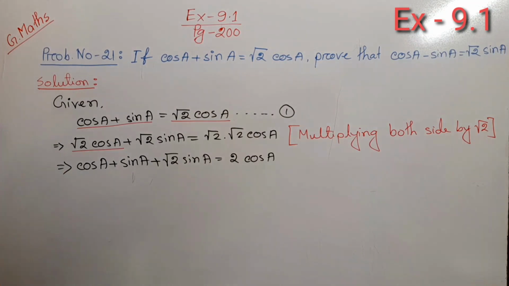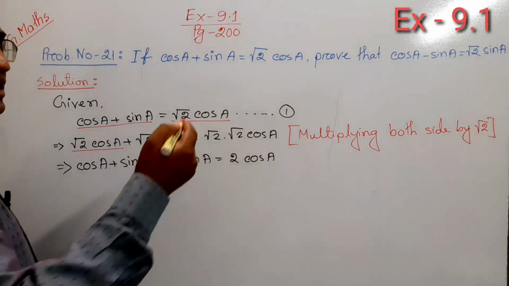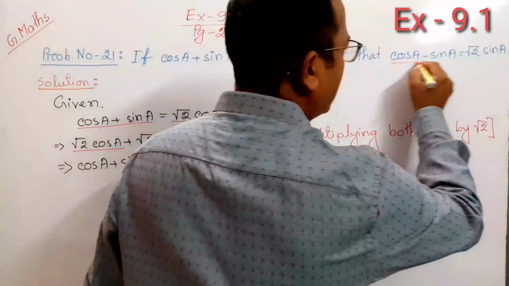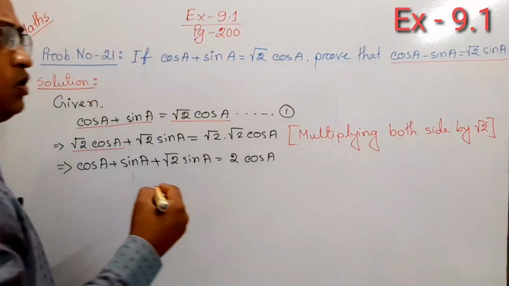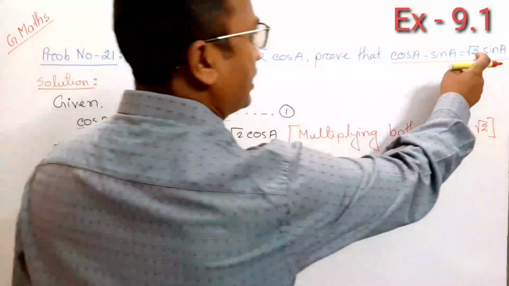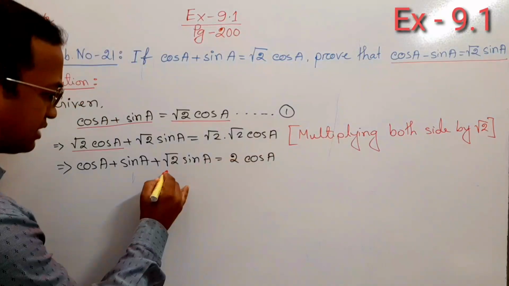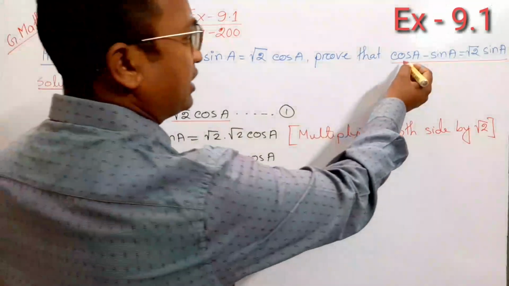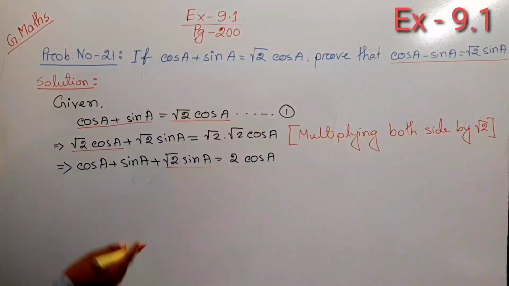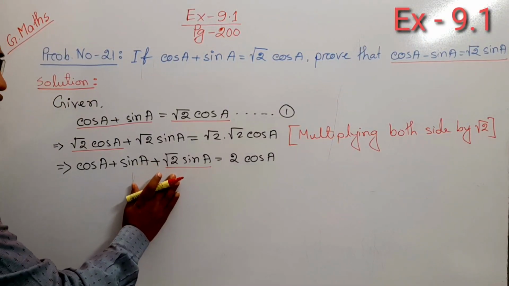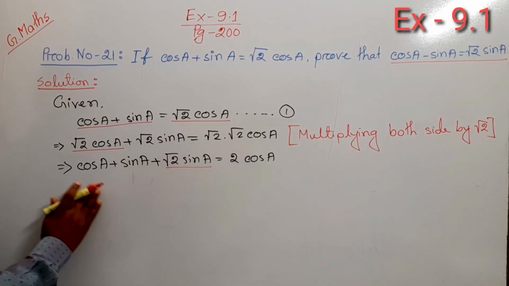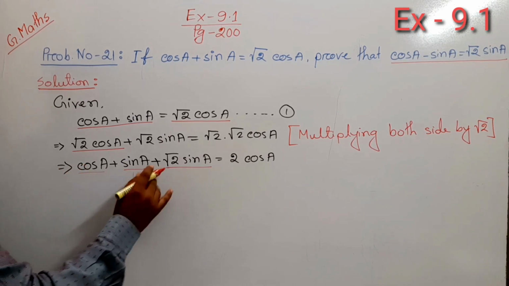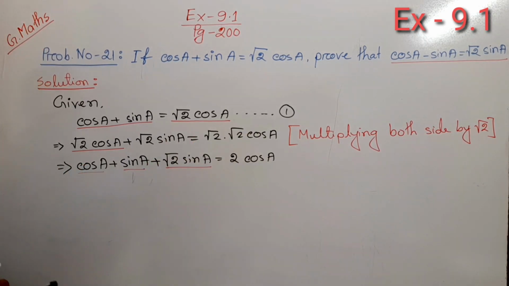Now, if you see the proof, what will we prove? Right hand side, there is root 2 sin A, and left hand side, there is cos A minus sin A. So here, we will keep root 2 sin A in the left hand side. Other two terms we transfer to the right hand side.